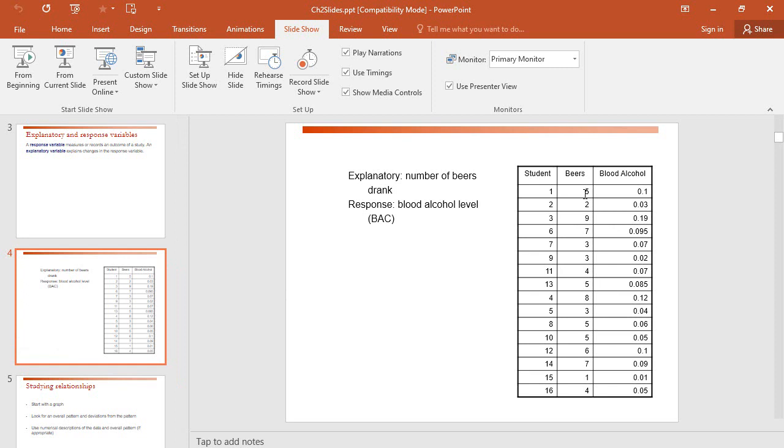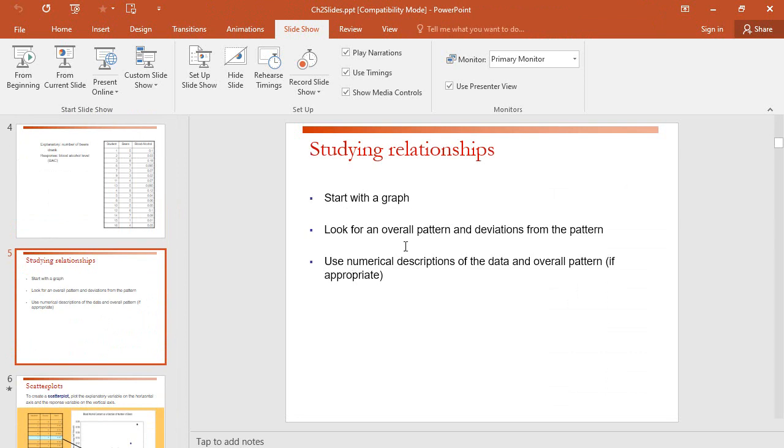Well, for each student, we are going to plot a point, for example, 5 and 0.1, 2 and 0.03, and so on. So we plot them in the XY plane. Once we plot them, we will be looking for an overall pattern and deviations from the pattern, and then we'll look at a numerical measure of the overall pattern.